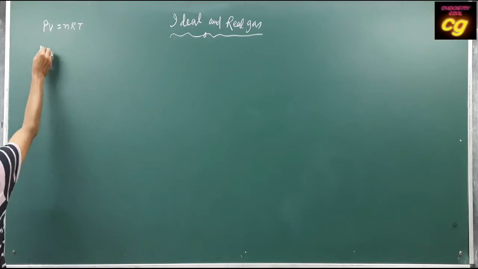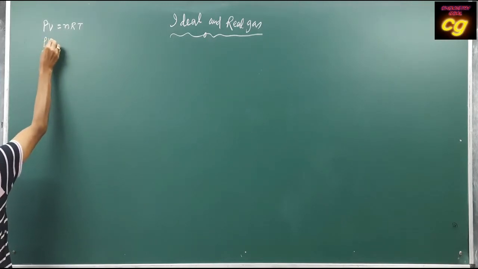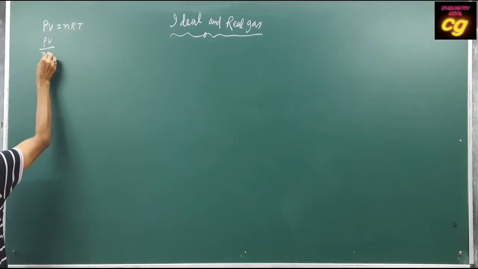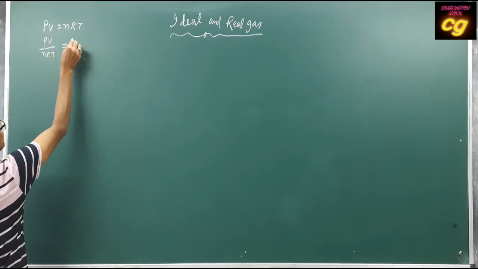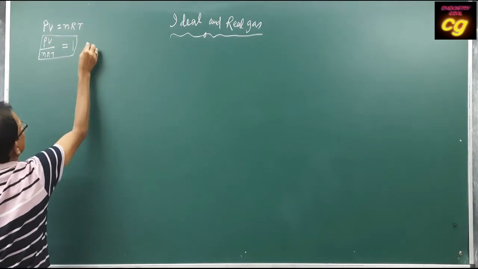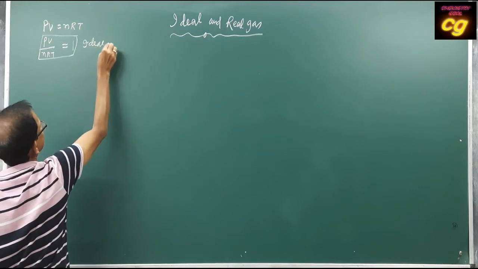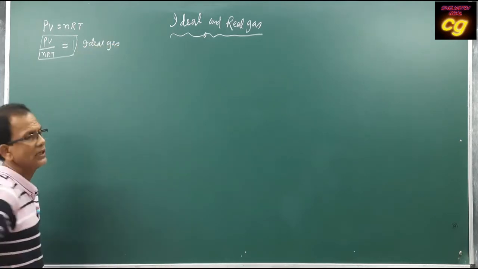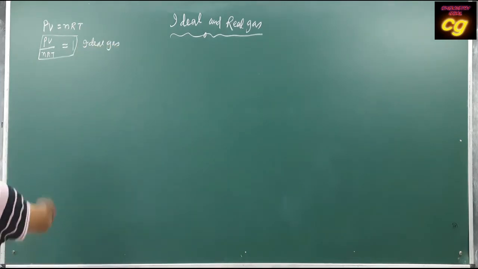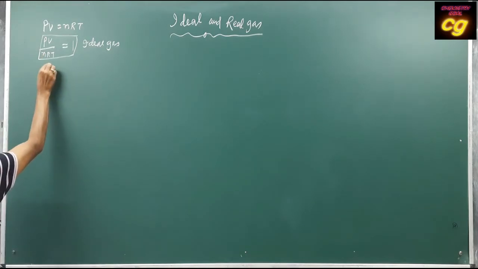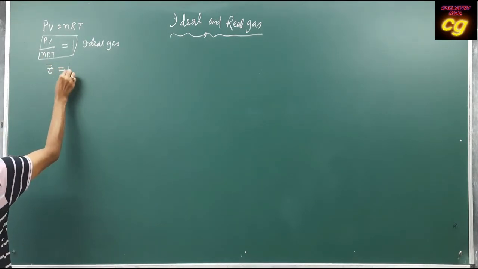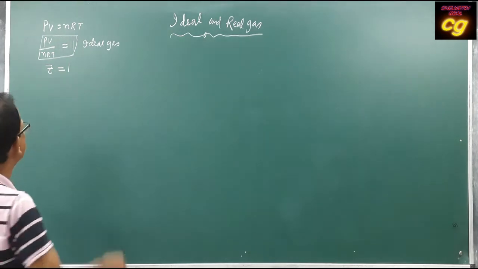But if you divide PV upon nRT, that is always 1 for an ideal gas. And this ratio is called Z. Z is called the compressibility factor.